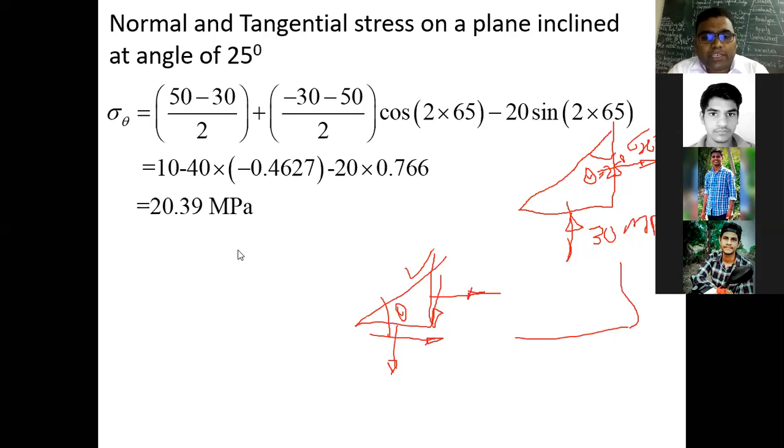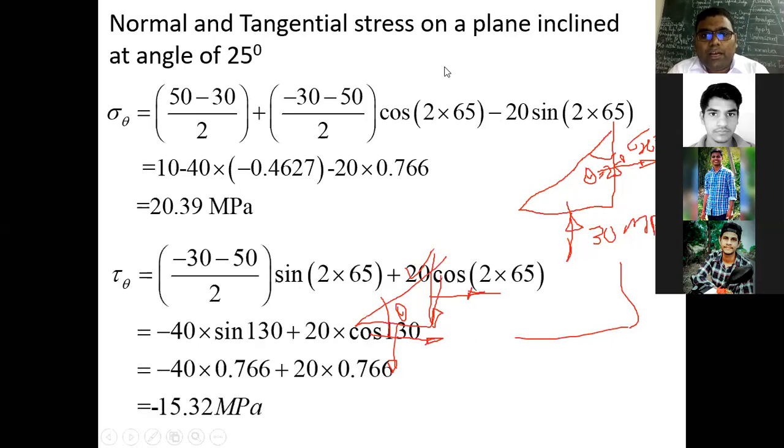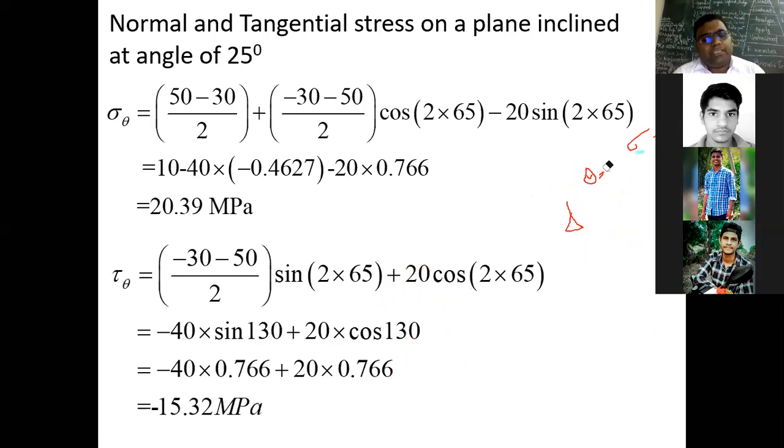Now second, how to calculate tau? Simply use that formula. What is the formula?